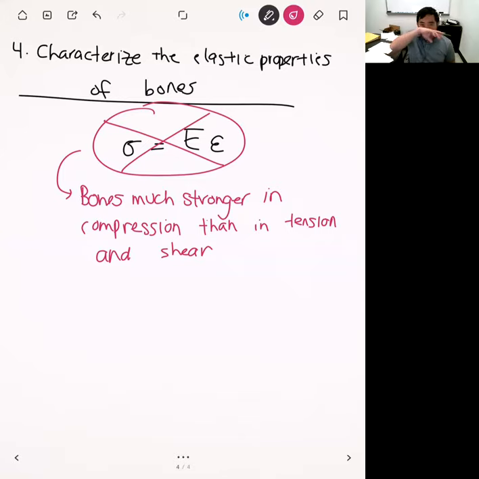Okay. All right. And so two other material models have been proposed in the literature for describing bones. We went over them briefly in the class. One of those material models is called transversely isotropic.